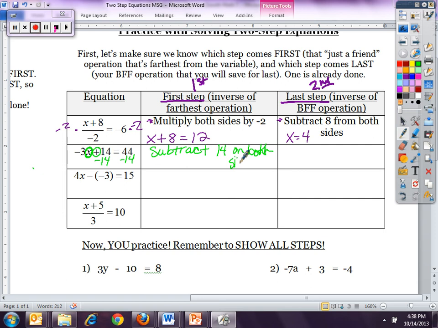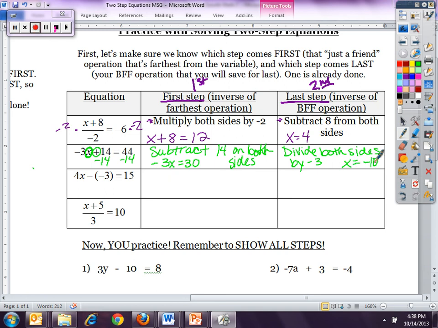Okay? Then that would give me, if I wanted to see it mathematically, -3x equals 30. My next step would be to divide both sides by -3. Okay, and then if I worked this out, I'd get x equals -10.